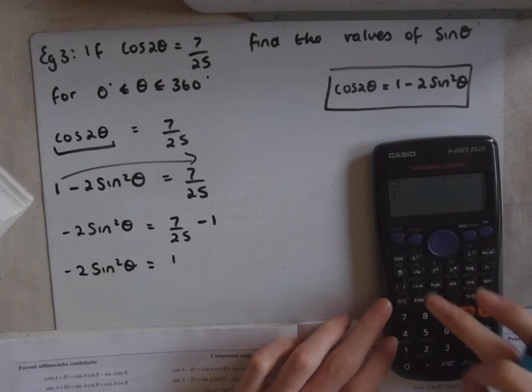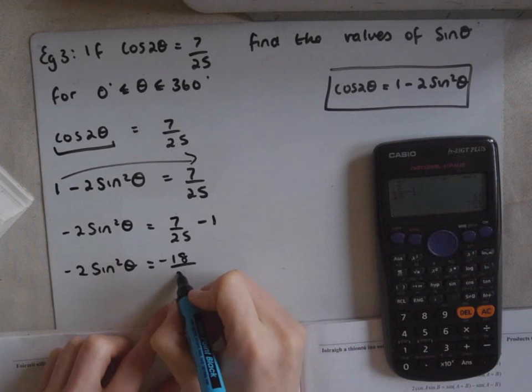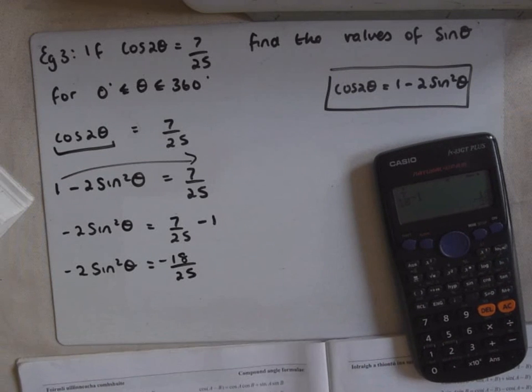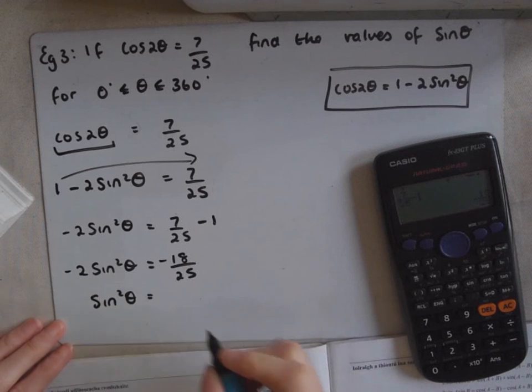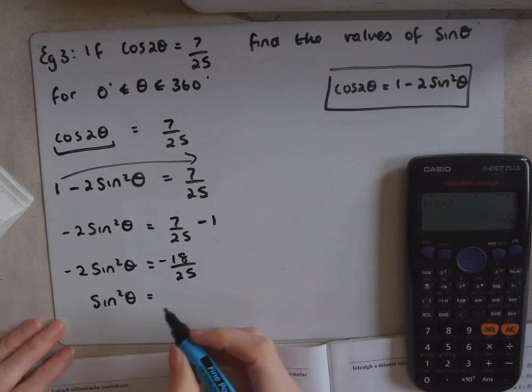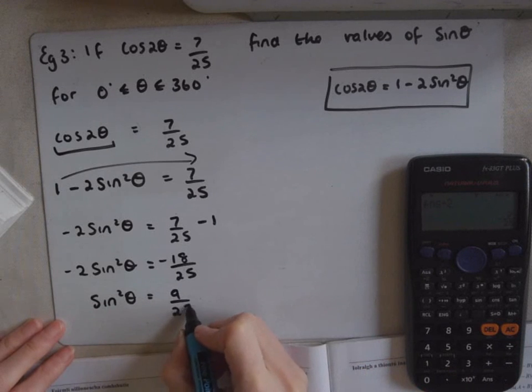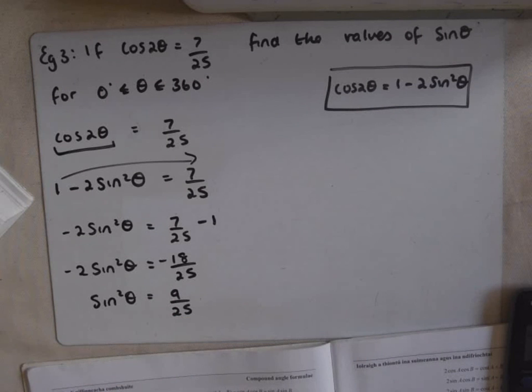Now 7 over 25 minus 1 is minus 18 over 25. Okay, then to get sine squared theta, I'm going to divide by minus 2. So I get 9 over 25. That's what sine squared theta is. Okay?